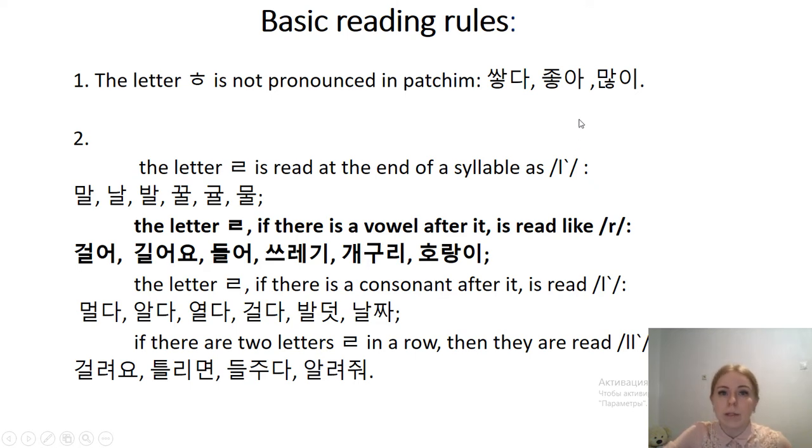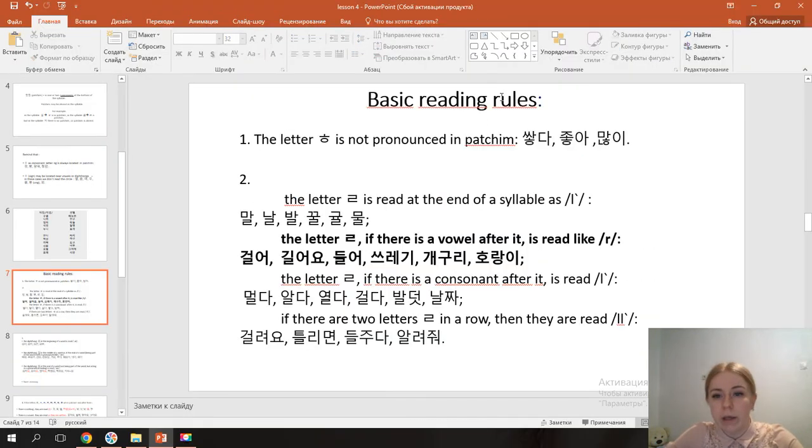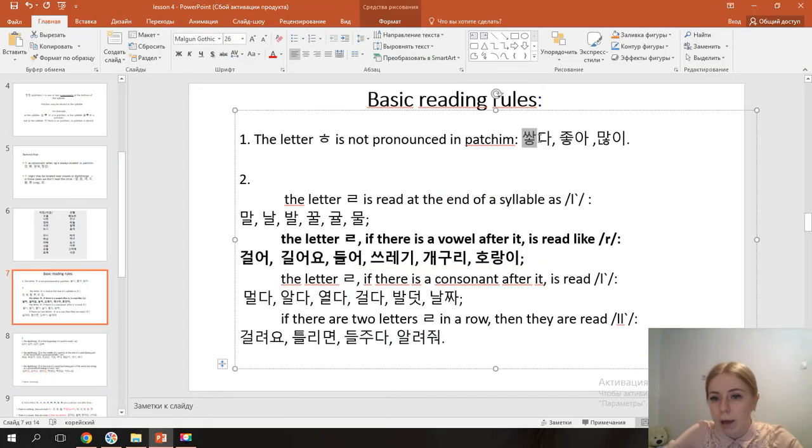Usually Koreans read this H in order to differentiate these words. For example, if I say 사다, if I read and write it in this way with H in Pachim, and if I read and write, for example, 사다 without H in Pachim, so there are two different words. 사다 without H in Pachim means cheap, you know, that cost not so much, cheap.